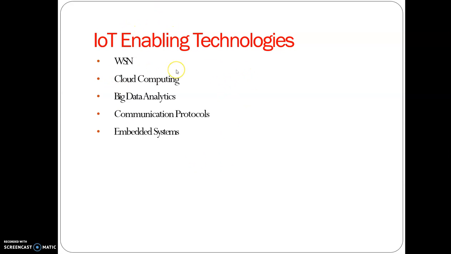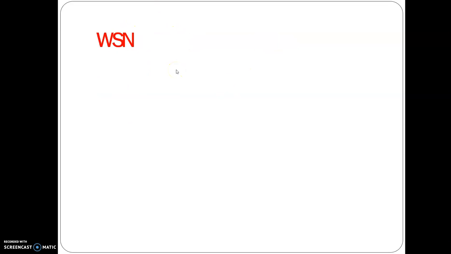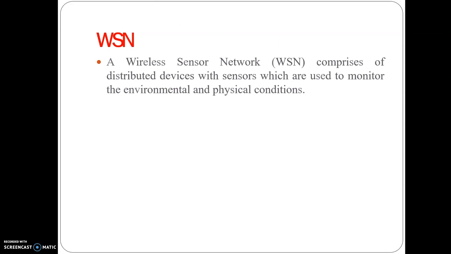We'll start with the first one, WSN, which stands for Wireless Sensor Network. A wireless sensor network comprises distributed devices with sensors which are used to monitor environmental and physical conditions. These sensors are installed at various locations. A WSN consists of a number of end nodes, routers and coordinators.